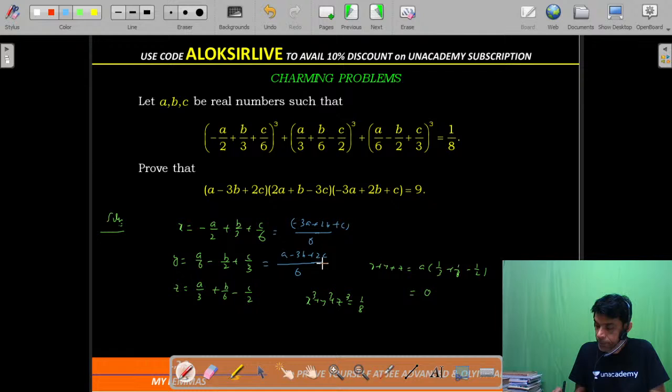So you see that these numbers are coming up. A minus 3b plus 2c, 2a plus b minus 3c, and minus 3a plus 2b plus c. All numbers are here, and these are my x, y, and g, right? And this is 1 by 8, and their sum is 0.